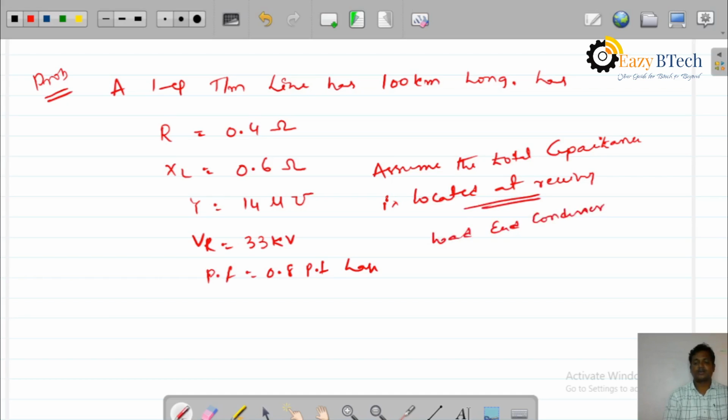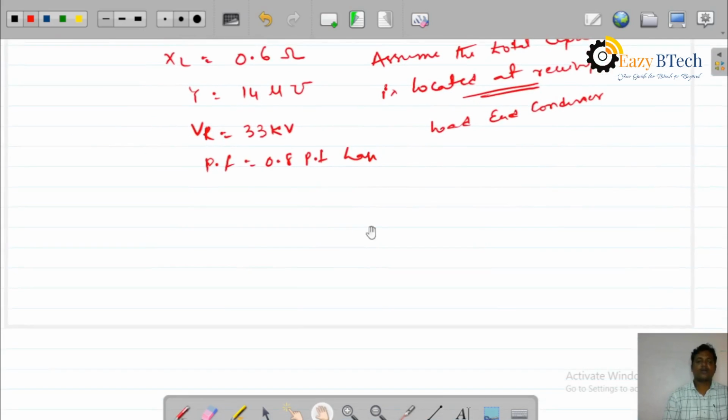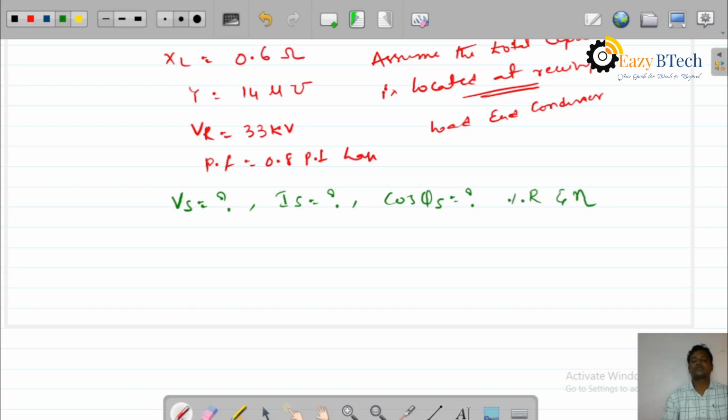What do we have to find here? Here we have to find the sending end voltage, sending end current, sending end power factor, percentage regulation, and efficiency of this transmission line.